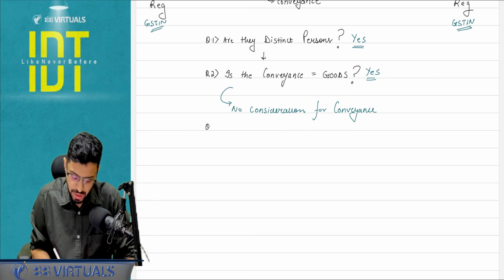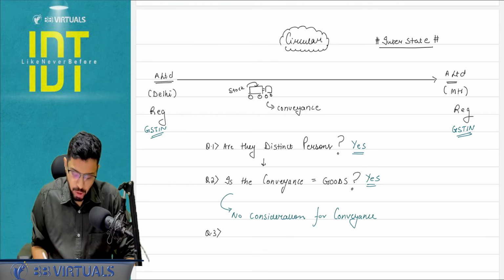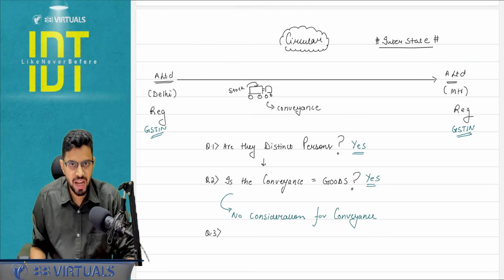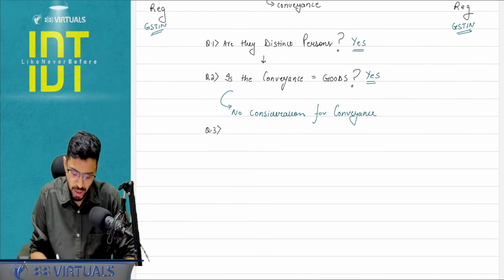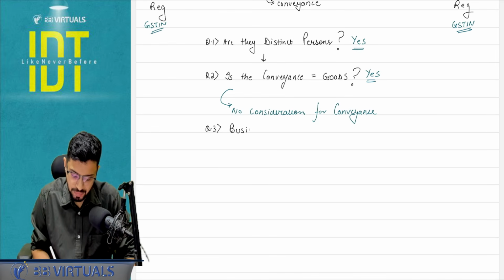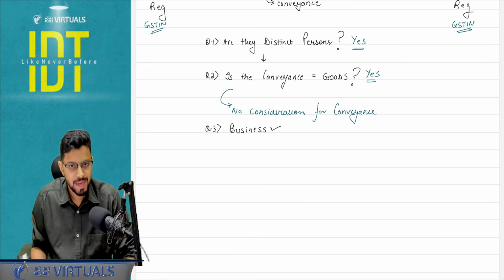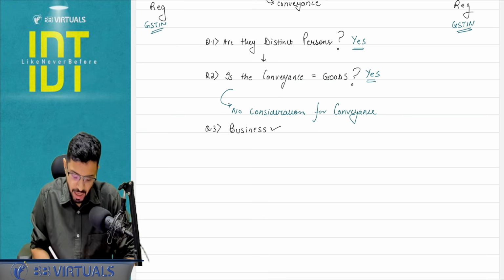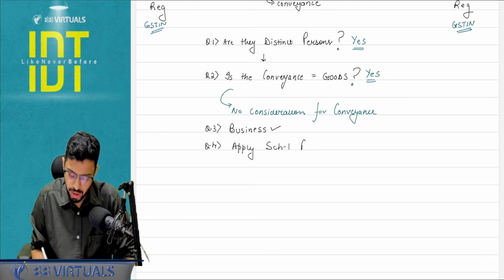Now my question number 3, do you think paragraph number 2 of schedule number 1, supply of goods or services in the course or furtherance of business, applies? It is a business of the company, the conveyance is also the business asset. I'm not talking about paragraph number 1, this is not a permanent disposal. I'm saying, can we technically apply schedule number 1, paragraph number 2?